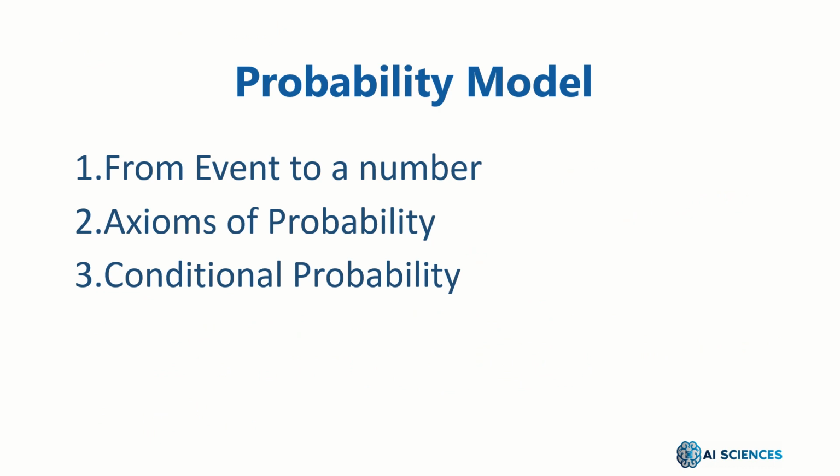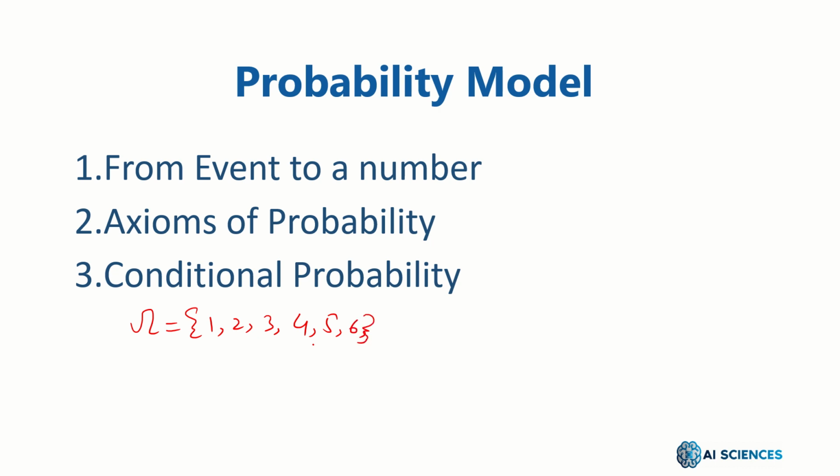Next, we talk about conditional probability. What do we mean by conditional probability? Let me explain it with an example. Let's say you roll a die, and your sample space is 1, 2, 3, 4, 5, 6.